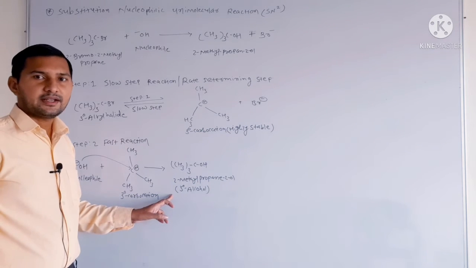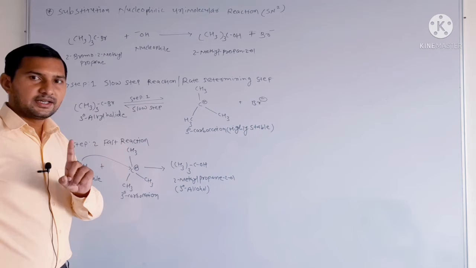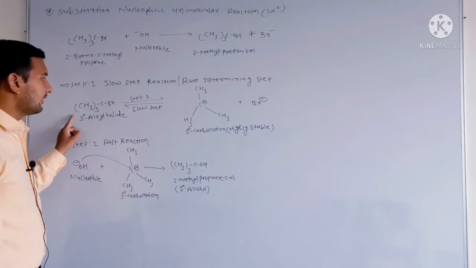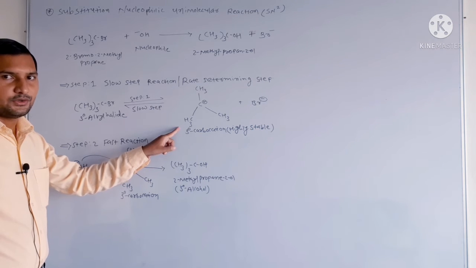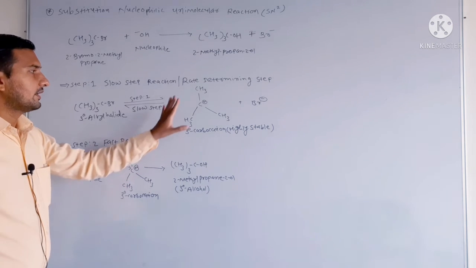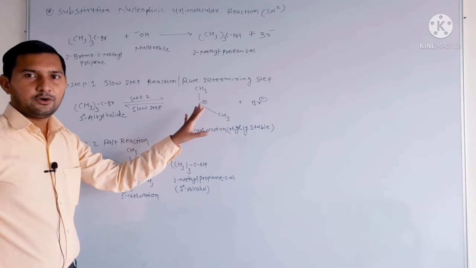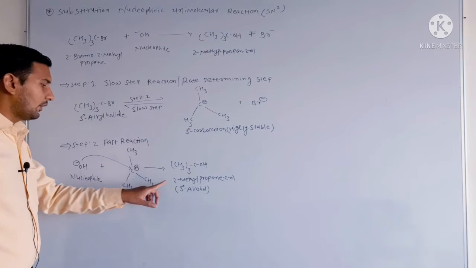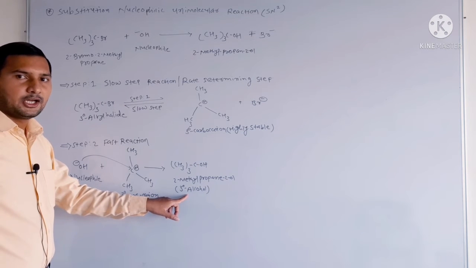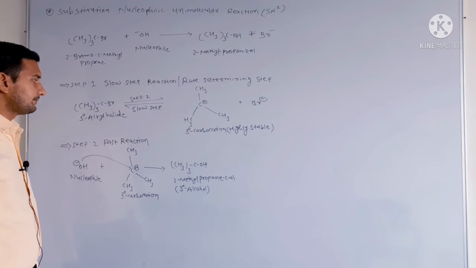The rate of this reaction depends on only a single step, step number 1, which is the rate determining or slow step. If the number of carbocations formed is less, then our product, the tertiary alcohol, is less in proportion.